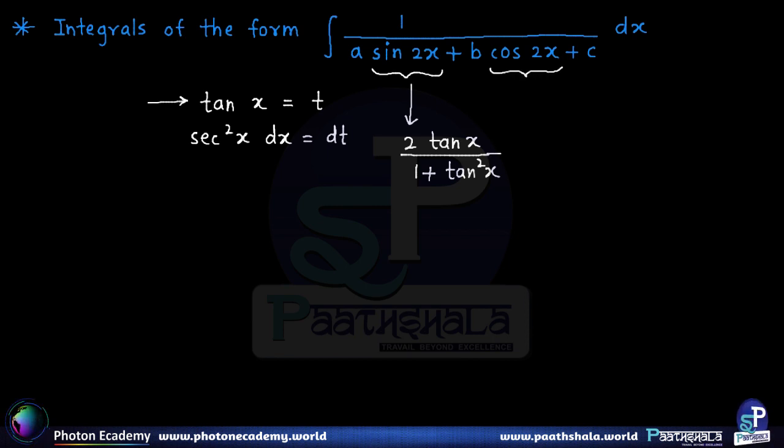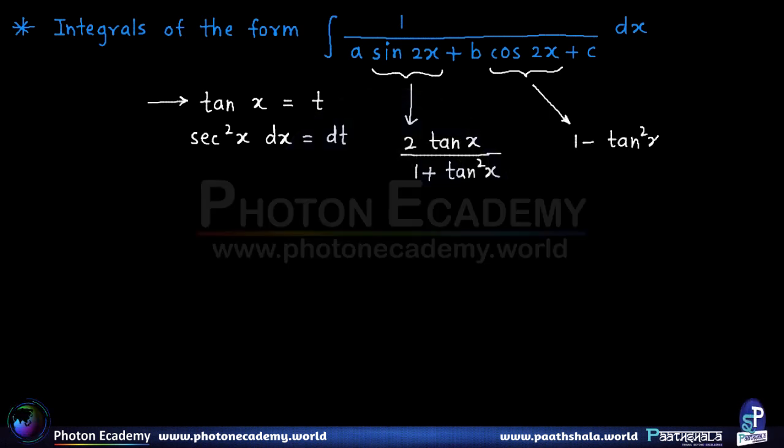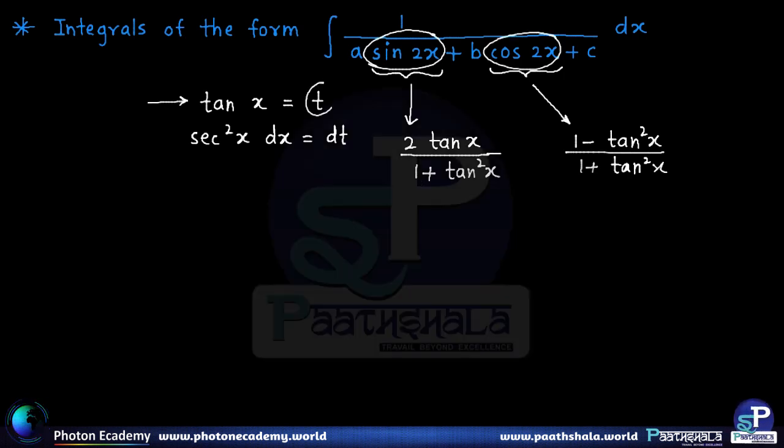Similarly, cos 2x can be written entirely in terms of tan x as 1 minus tan square x upon 1 plus tan square x. So you see, after substitution we can definitely substitute sin 2x as well as cos 2x terms in terms of the variable t, right? Now what happens to dx?